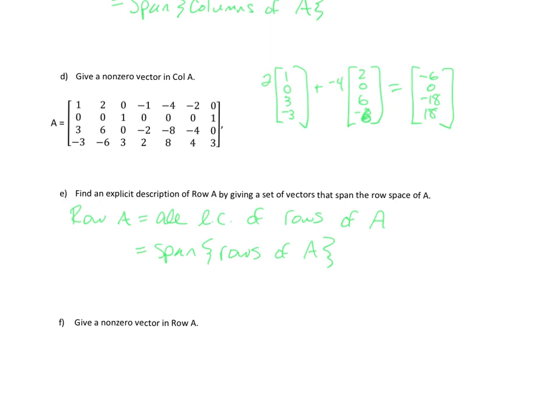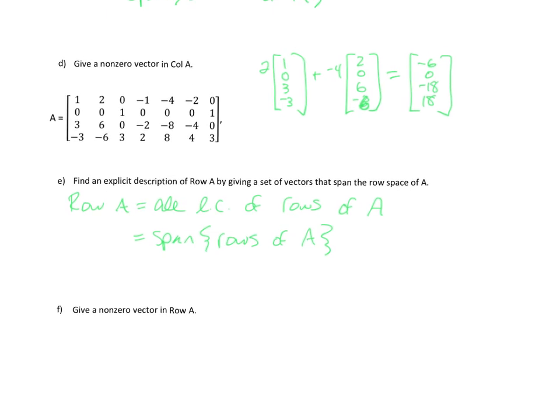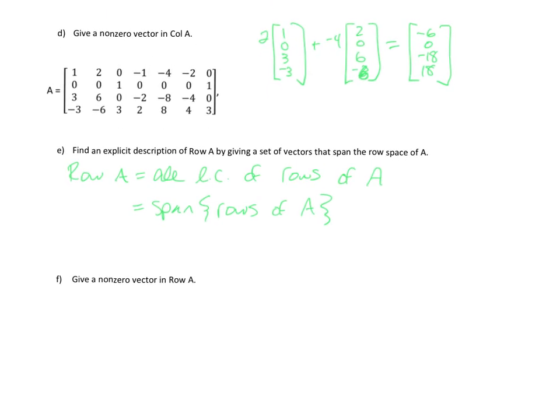Give a non-zero vector in row A. Any row of A would do. Or any linear combination of the rows of A. Pick any weights you want and put them on the rows of A. I'm going to write them vertically because that's just how I'm used to looking at vectors.